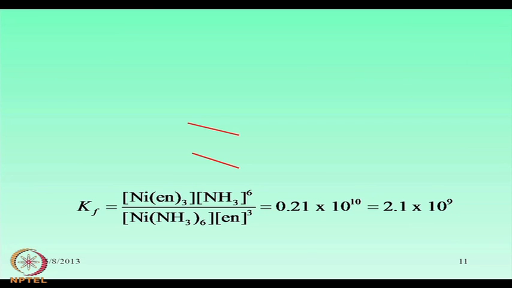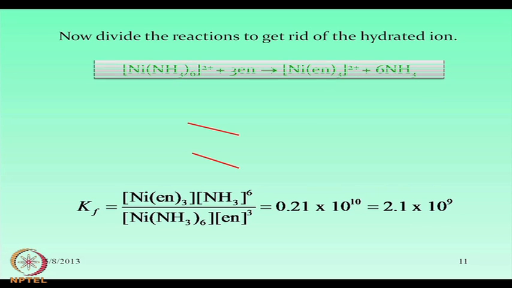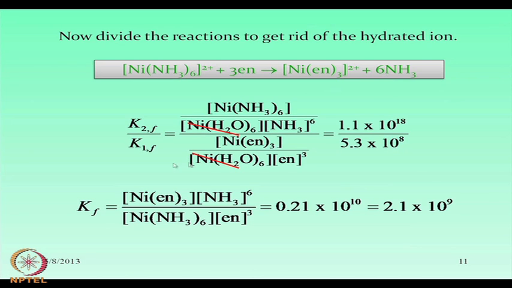So, we see that when we have the corresponding K value from the amine complex, we get the corresponding value for these where the 6 amine groups are substituted with ethylenediamine giving the trischelate, and this trischelate is responsible for the removal of 6 NH3 groups.